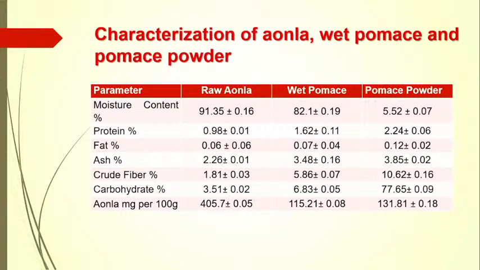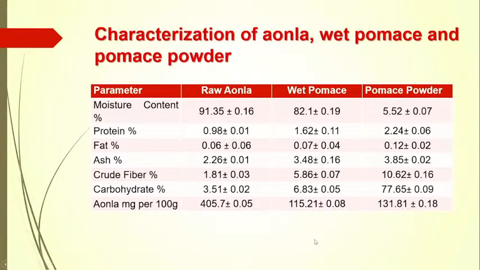And this is the typical composition of amla, wet pomace and pomace powder, and we find that the fruit fiber was quite high in the dried pomace powder, as well as the vitamin C content, which was around 131.81 milligram per gram of the product.